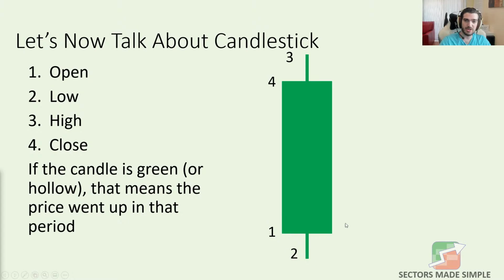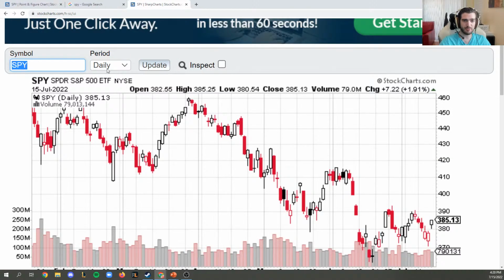So when we see a green candle like this, it means that the price went up that day. It might be green, it might be black, and it depends on what charting you're looking at. Some will do it differently. For example, stock charts reverses it. Stock charts, they'll have green, but also hollow reds.